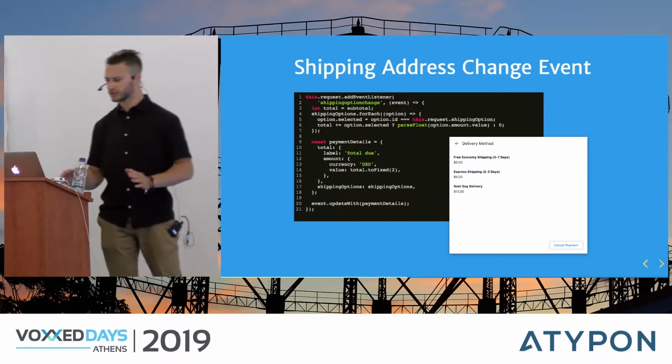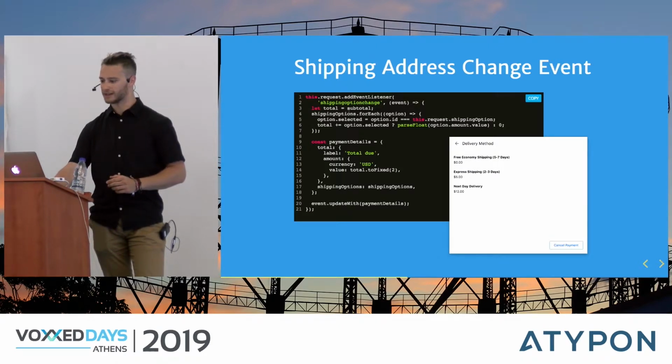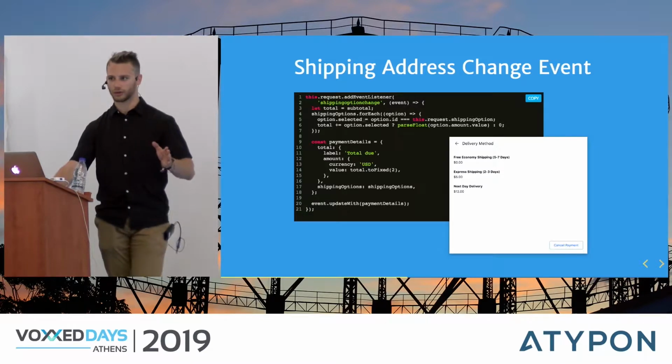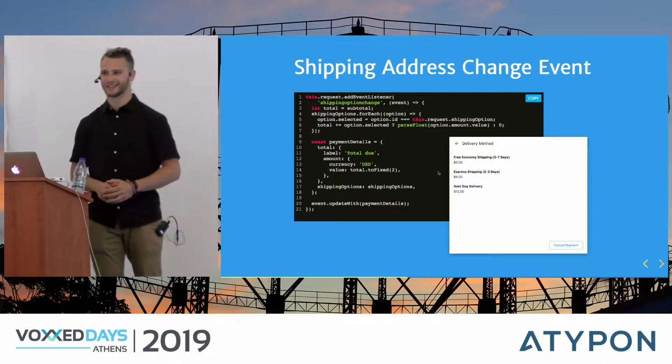The other strange thing about this API is the developer also has to mark that shipping option as selected. So you have to go through and mark selected to be true. I'm really not sure why the API requires that, but that's something I've found when using this API.